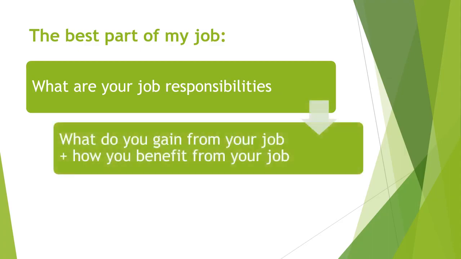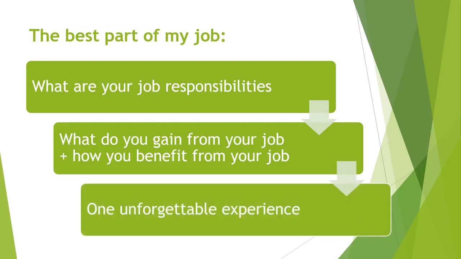And then you talk about how you benefit from your job and what you gain from it. I'm not talking about money, but you may gain some fruitful experience. We just learned that word before. Or you gain a sense of satisfaction in your job. And then you may also quote one very unforgettable experience, which makes you love your job so much.